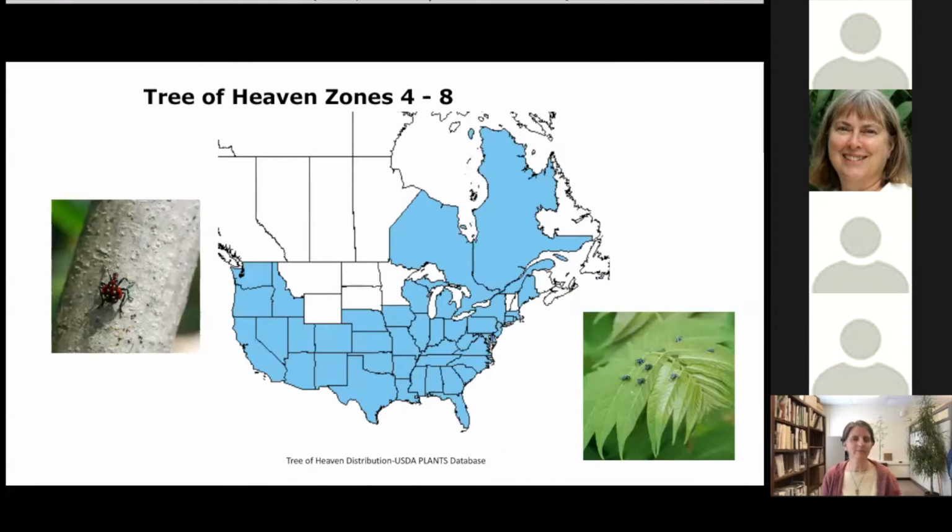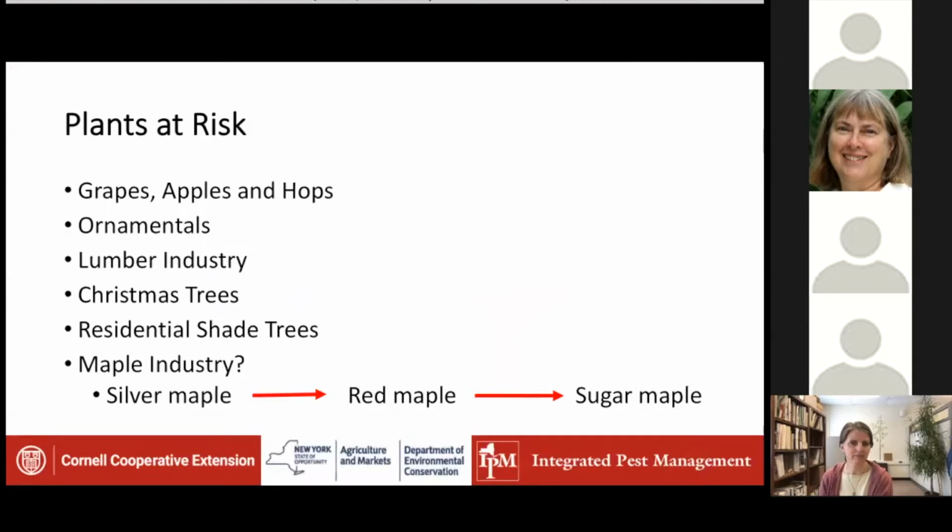So as I mentioned, it is widely distributed, and we know that the spotted lanternfly does very well on the tree of heaven. Work is underway to determine what other tree species can sustain its full life cycle. Next slide. So there are lots of plants that could be affected by the spotted lanternfly.